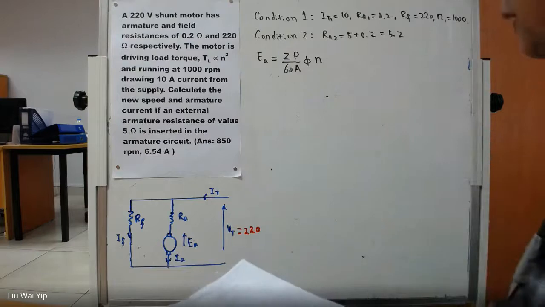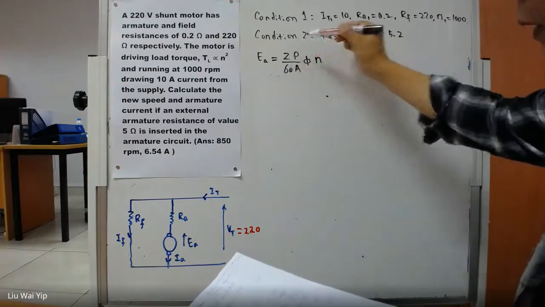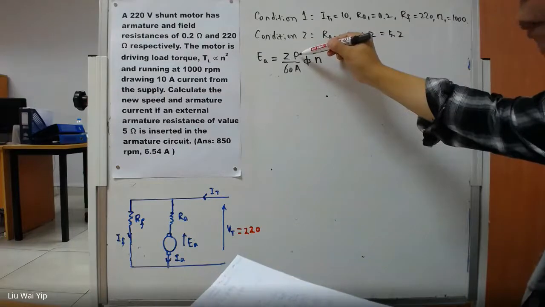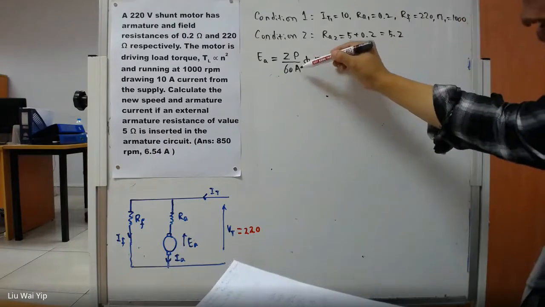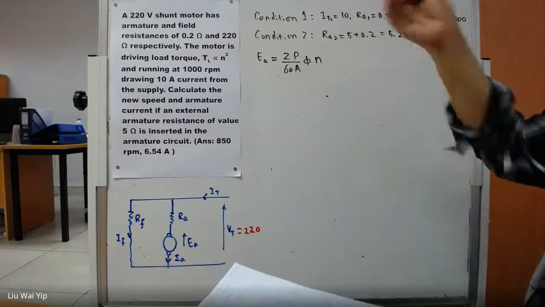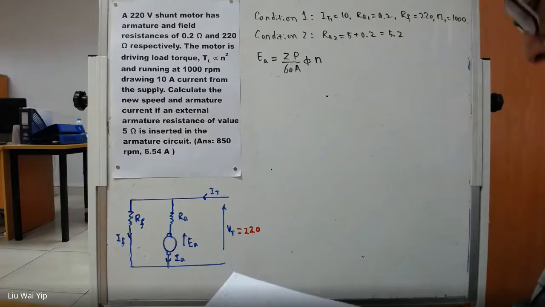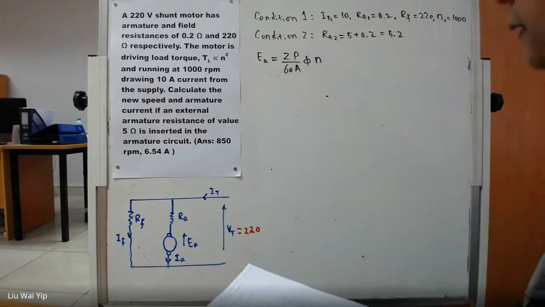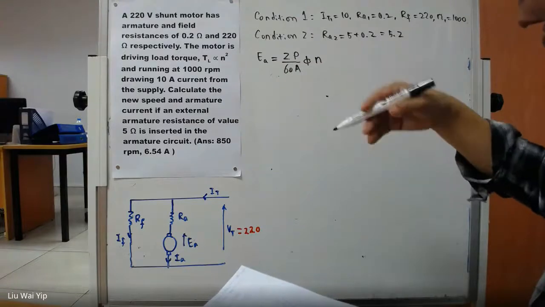So I guess you guys are familiar with this formula. Z here is the total number of conductors, and P is the total number of poles, and A is the total number of parallel paths, and phi is just the flux per pole, and N is the rotational speed in RPM.